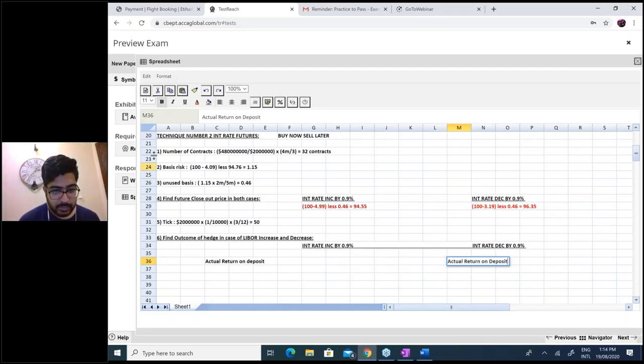Okay, then it's gain or loss due to futures, and you get the net cost of return, you get the net return. That's what the format states.